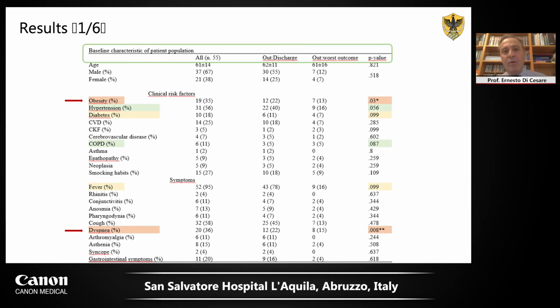If you look at the differences, you can see that among the clinical risk factors in our series, obesity showed great differences between the groups, and among symptoms, dyspnea was the most significant aspect in the distinction of these two groups, but also fever, hypertension, diabetes and COPD were significant.